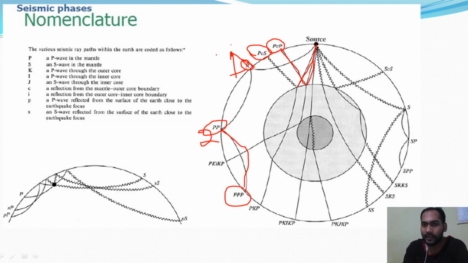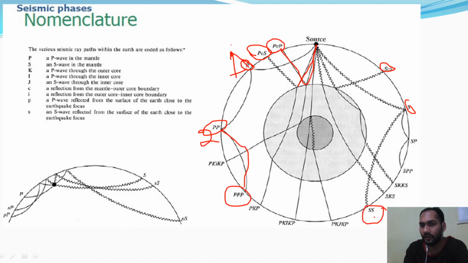Similarly, if S came and then reflected and then came back through the mantle, it is SCS, right? Here you can see this is only S. That means the S wave travelled through the mantle. It is not reflected from the mantle outer core boundary. It is coming directly from the source. Then again, if it will reflect from the surface and collected in next station, that will be SS.